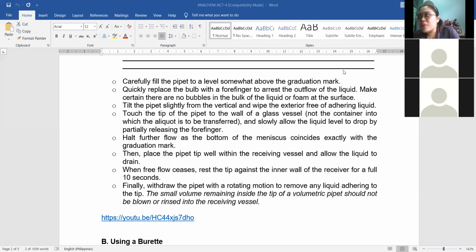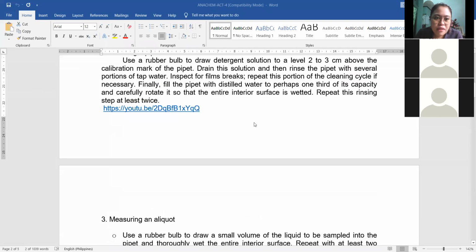Though we can use the graduated cylinder, but when it comes to accuracy, mas accurate itong tatlong apparatuses na ito. Okay? And then yung nauulit-ulit ko sa inyo na beaker and Erlenmeyer flasks, though they have calibrations, also, they have graduation marks, but we do not use them para mag-measure ng volume ng liquid as they are not really accurate. Okay? So that is for the pipette.